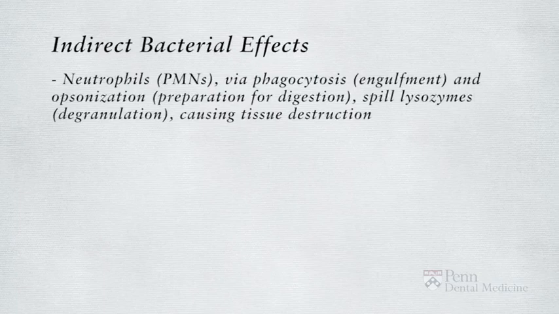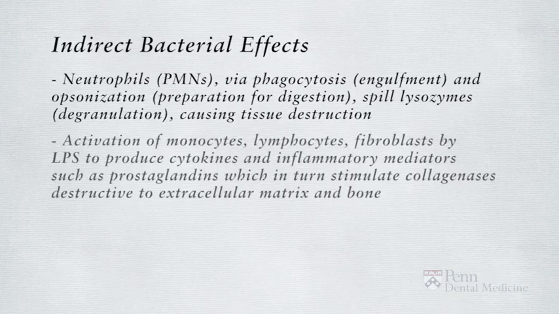The polymorphonuclear leukocytes, via phagocytosis and opsonization, spill lysozyme from the granules, causing tissue destruction. Activation of monocytes, lymphocytes, and fibroblasts by lipopolysaccharides produces cytokines and inflammatory mediators such as prostaglandins, which in turn stimulate collagenases, destructive to extracellular matrix and bone.